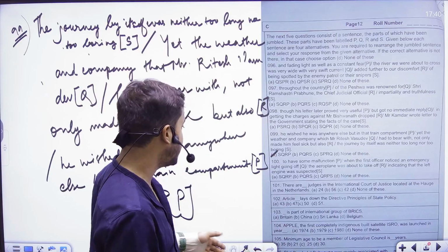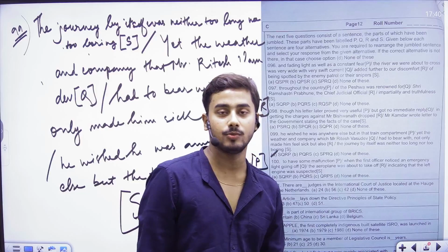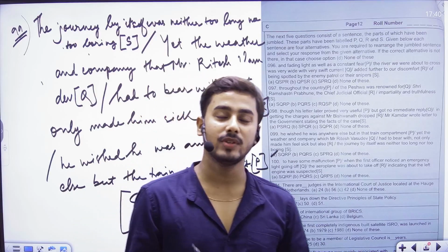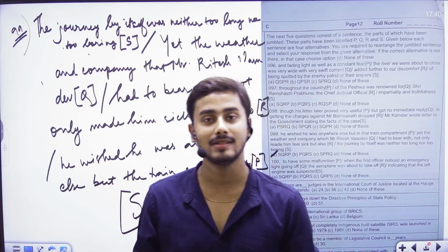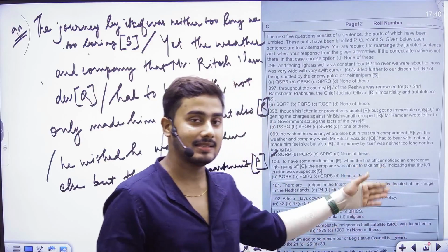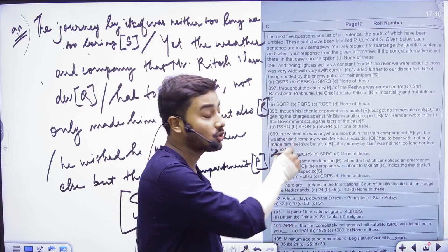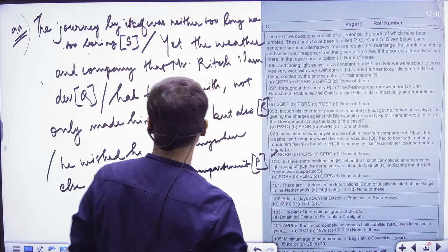So here you see this line, the journey by itself was neither too long nor too boring, is basically a line which is not dependent on any other sentence for giving itself a meaning, right? This line itself stands for its own meaning, and exactly why I chose this to be the opening line.